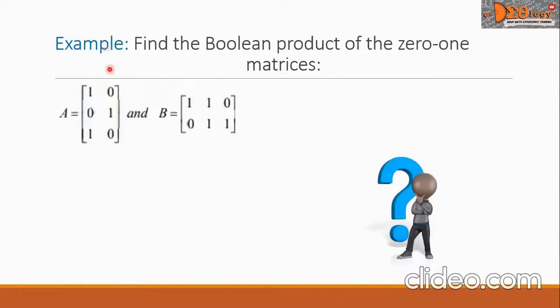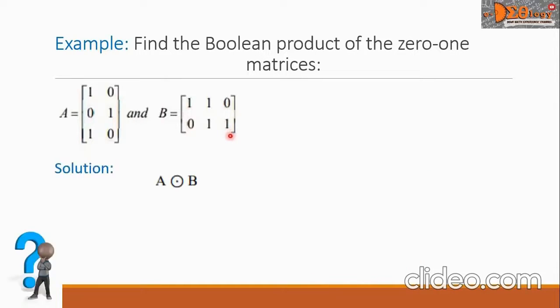Let us see this example. Find the Boolean product of the 0-1 matrices. Matrix A: 1, 0, 0, 1, 1, 0, and matrix B: 1, 1, 0, 0, 1, 1.